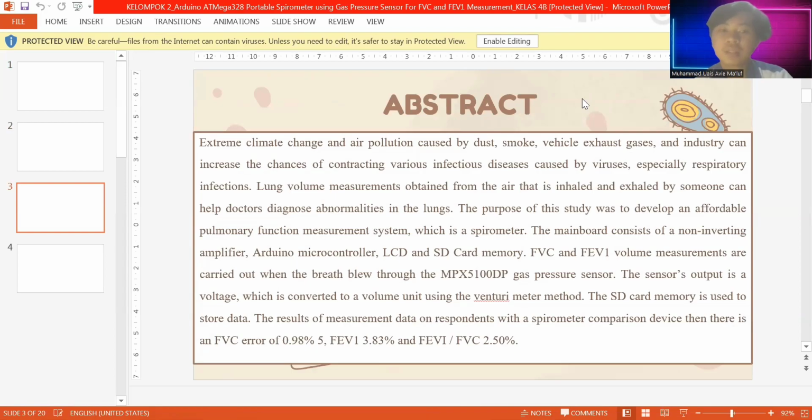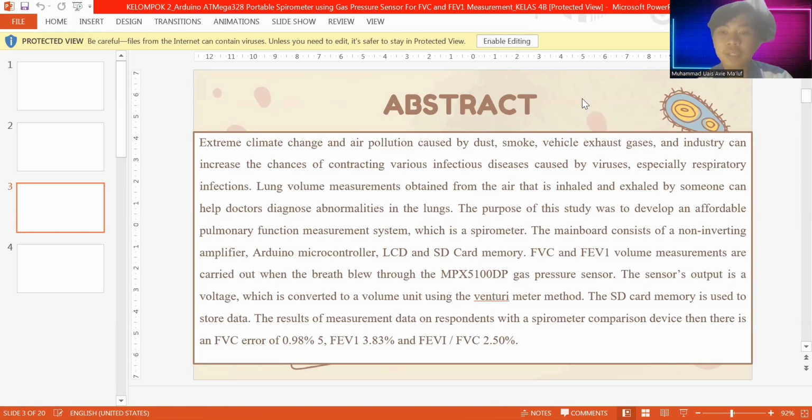Abstract. Extreme climate change and air pollution caused by smoke, vehicle exhaust gas, and industry can increase the chance of contracting virus infection diseases, especially respiratory infection.